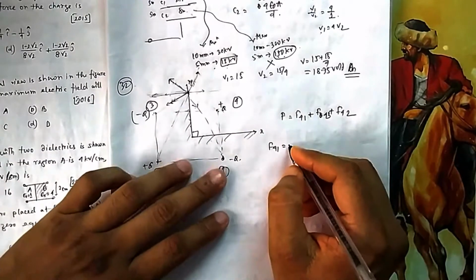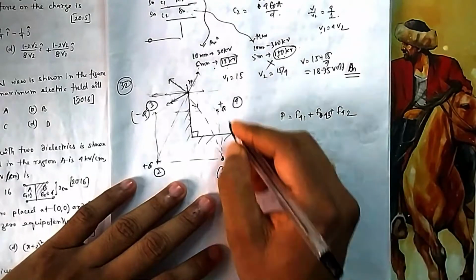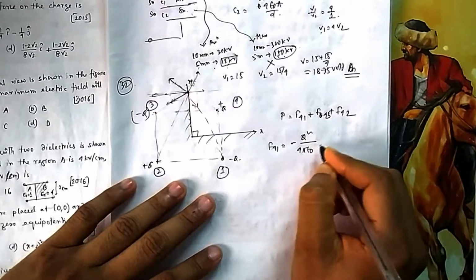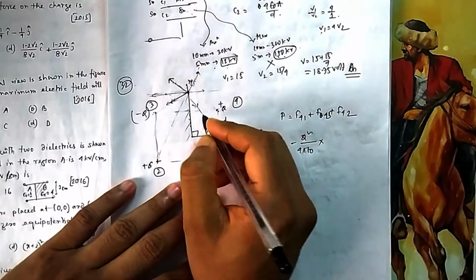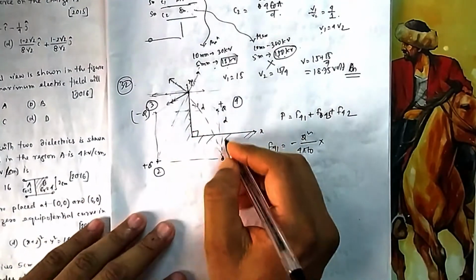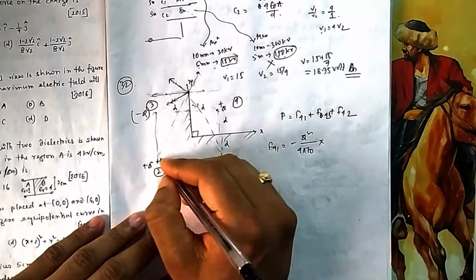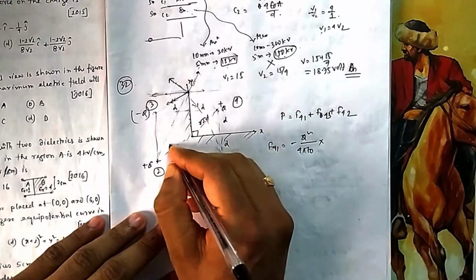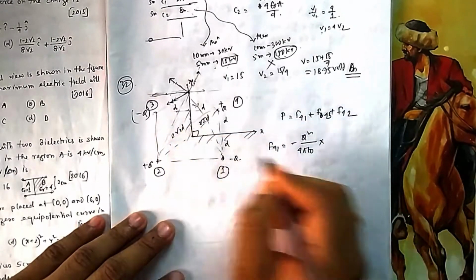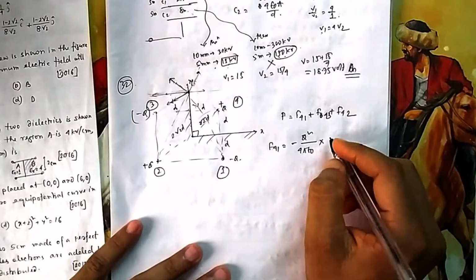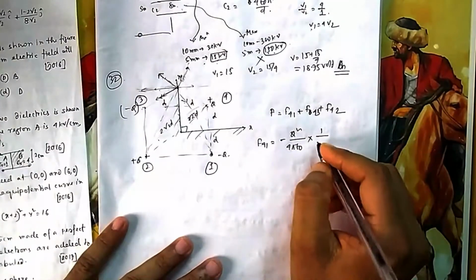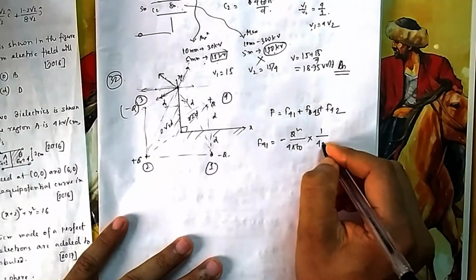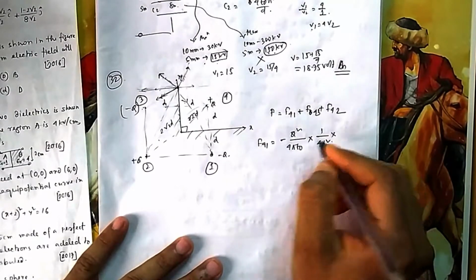So this one will be equal to minus q into q plus q into minus q, so minus q square divided by 4 pi epsilon naught, and suppose this distance is d, they have given a distance d, so this will also be d, this will also be d, and this distance will be root 2 d, so this distance will be 2 root 2 d, that you have to take. So 1 by 4 pi epsilon 0, then 1 by this distance square, that is 2d square, that is 4d square, and what will be its direction?